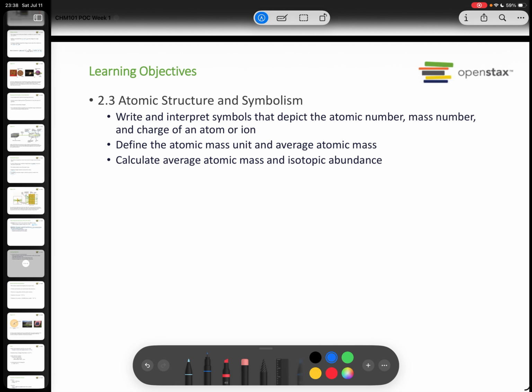We should also define the atomic mass unit and average atomic mass, and makalculate yung average atomic mass or isotopic abundance. This section is very important, no, because it gives us the notation used throughout chemistry, kaya din siya highlight dito sa first parts ng ating reference.